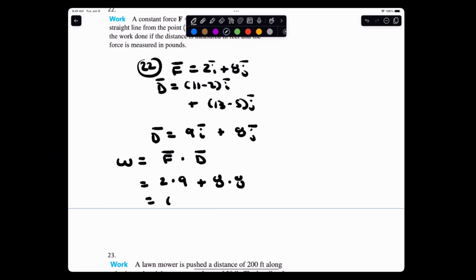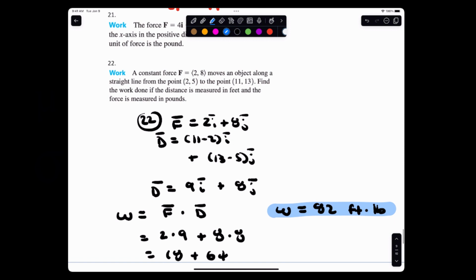That will give you your work. 18 plus 64. What's your work going to be? 74 plus 8 is 82. We'll stick with the foot-pound unit. And this is question number 22. Okay, you guys okay with that one?